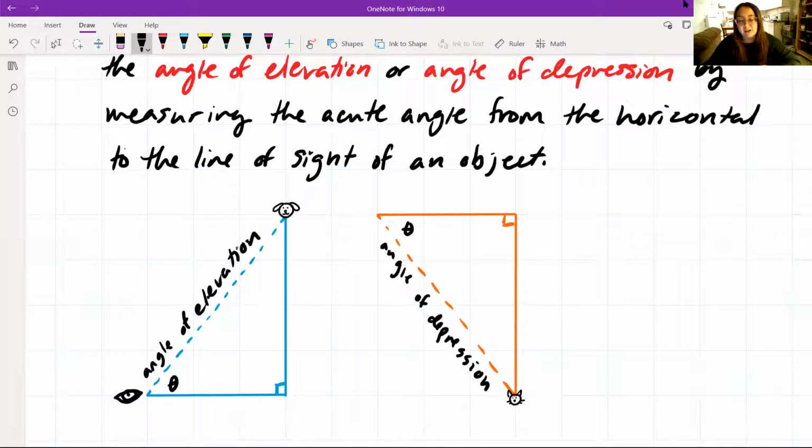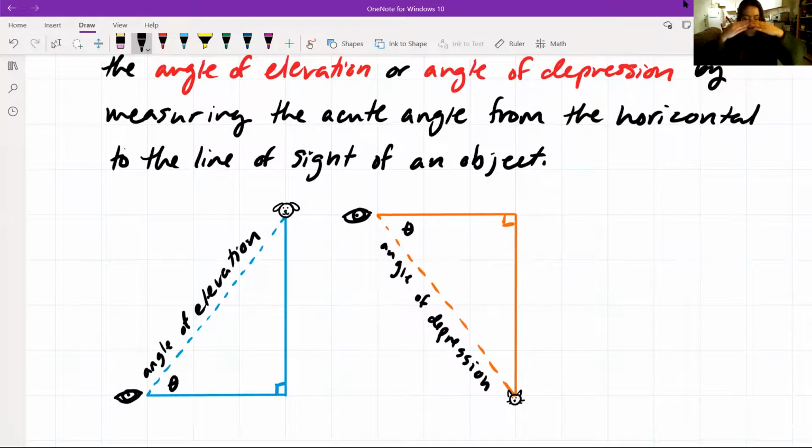Very similarly with your angle of depression, if you are using your line of sight here, so if this is your eye, this is your eye, your line of sight, you have your horizontal, so in this case, we're working with a cat, so how far away our cat is, and then how far down our cat is. So that length downwards is going to be where our cat is.